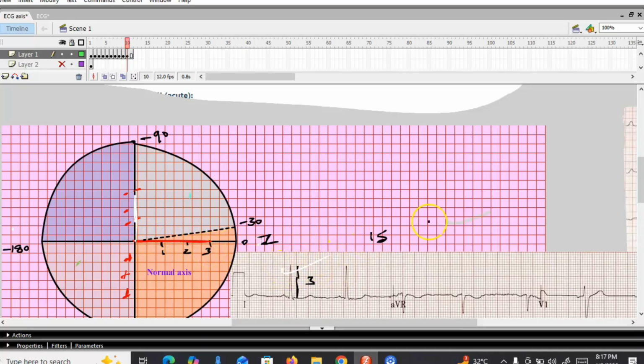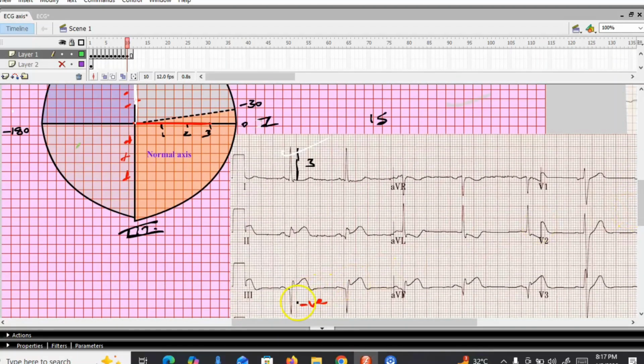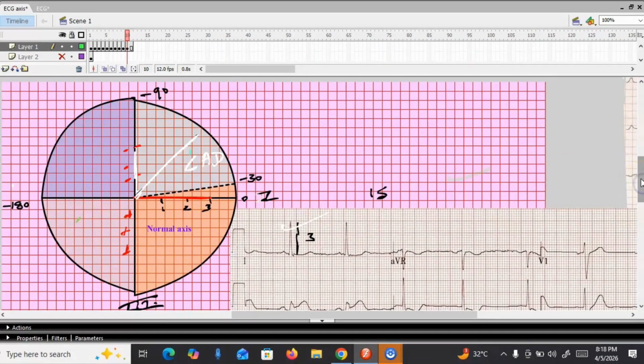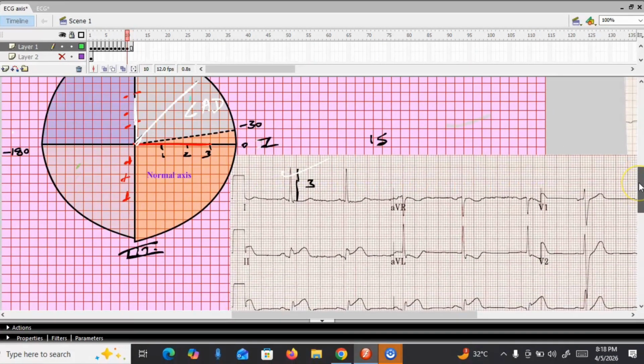See, this is covered. The deep S wave is also covered in this limb. Now see the angle. So the angle will be like this. Got it? So which axis does this fall in? This falls in the left axis deviation. Let me tell you students, this is also a crude method. Understand? But it works. So this is the left axis deviation.